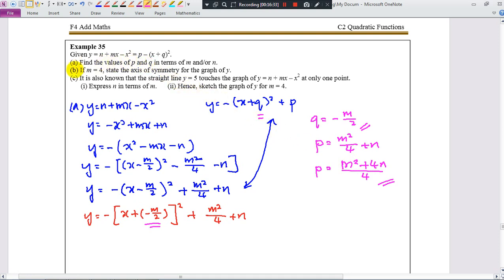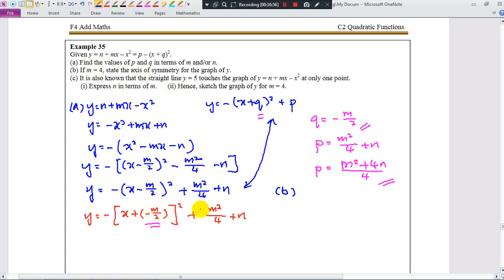Okay, how about b? If m is equal to 4, state the axis of symmetry of the graph. So for this graph, I write over here b. We want to find the axis of symmetry. So now, m is equal to 4.